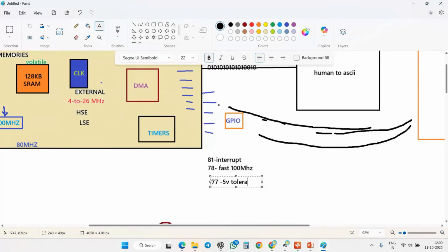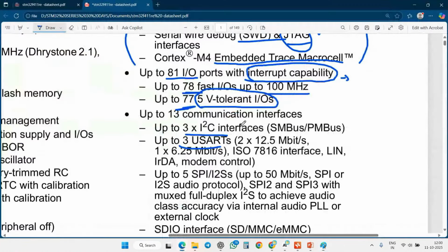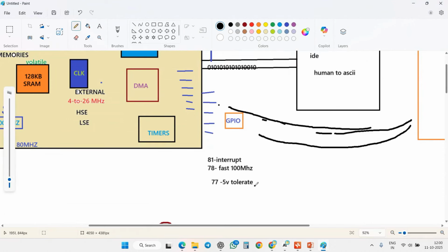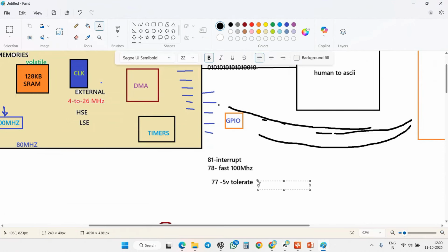Tolerant means that inside we have a voltage regulator. What is the purpose of the voltage regulator? Regulating voltage. Your core processor has an operating voltage range of 1.8 to 3.3 volts.